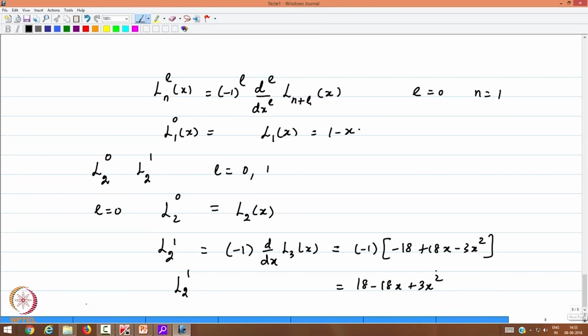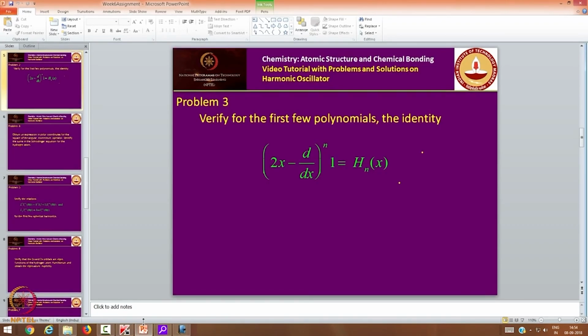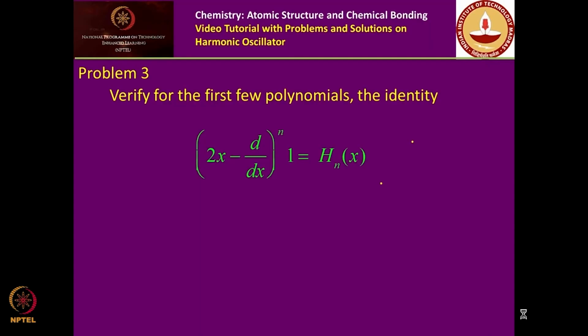The next problem is as follows. It is again on the Hermite polynomial, where now you write the Hermite polynomial using the operation of this power with the differential inside on identity 1. This will give you Hn of x. Again, it is only to be verified by simple application of the algebraic calculations.